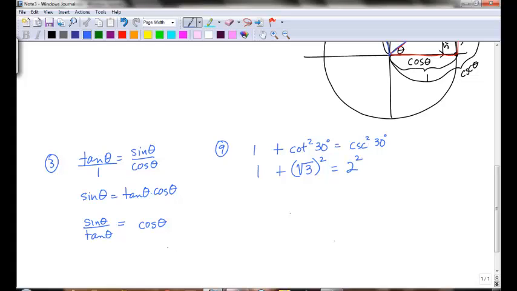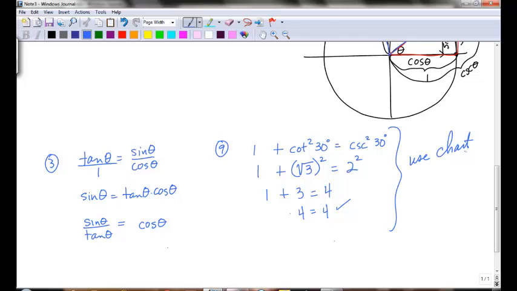So they want you to verify that. So it's 1 plus, radical 3 squared would be 3. 2 squared would be 4. 4 equals 4. Checks. You verified it. So make a note, like on number 9, use your chart. That's your 30, 60, 90, 45, 45, 90.